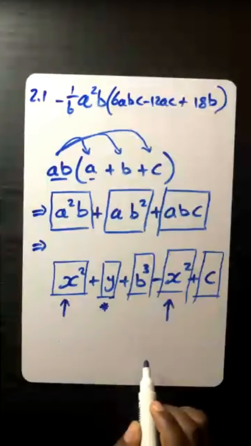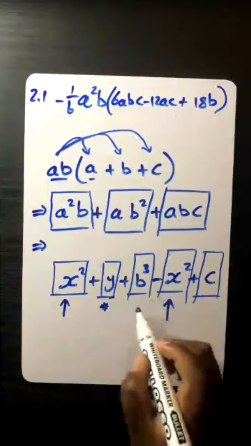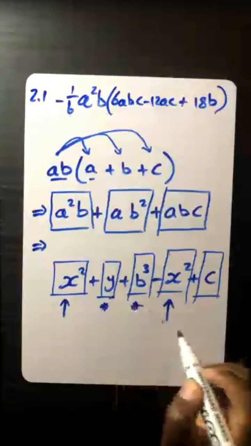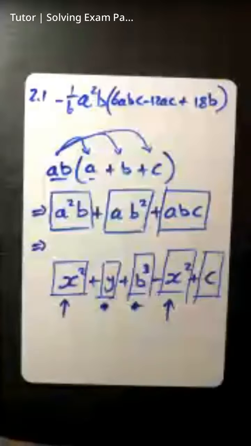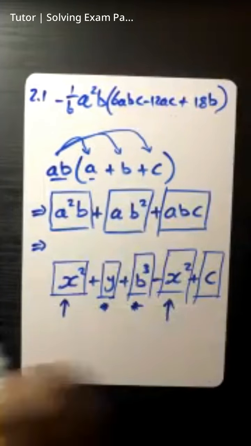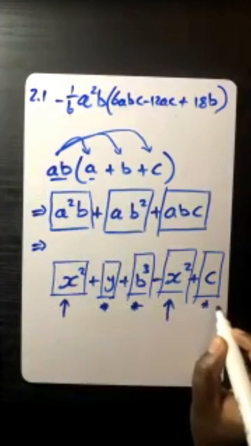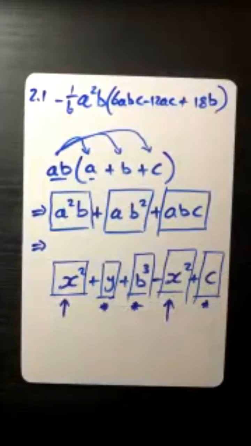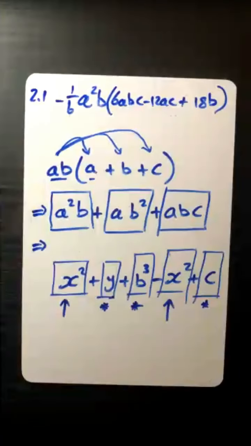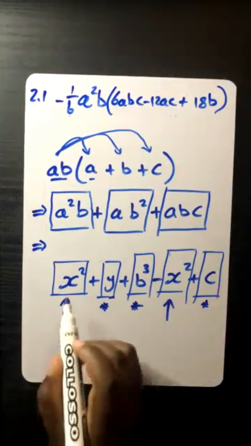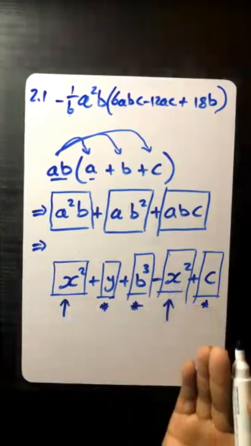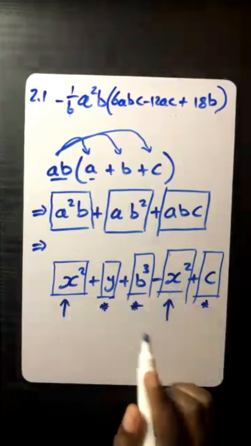Yes, sir. And again, I don't see b to the exponent 3 on this side. It's only that one, isn't it? Yes, sir. I don't see any other c on that expression. It's only that one, isn't it? Yes, sir.